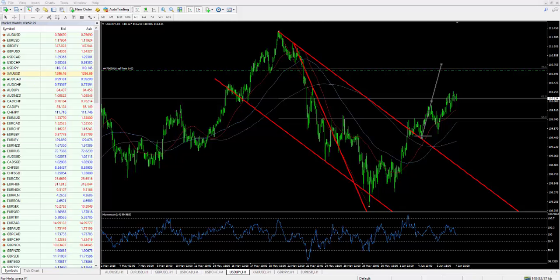Number two, double tops, double bottoms is a reversal. You don't necessarily have to trade it. Some people do trade it. Some people don't. You've got to decide whether you want to trade it or not. But that's a reversal pattern. Head and shoulders is a reversal pattern, okay? And again, pin bars or candles with big wicks and engulfing patterns or tweezers are reversals.